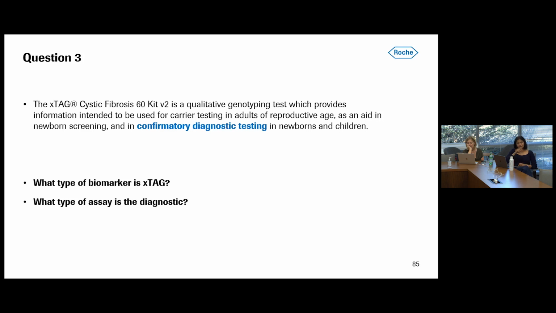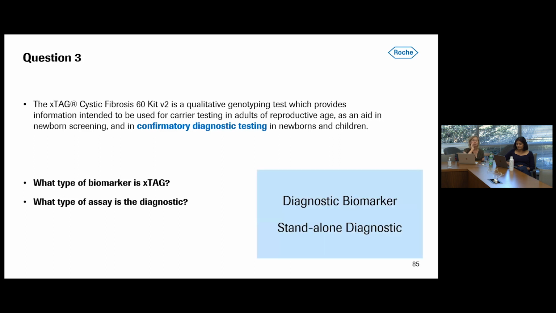So what type of biomarker is the genotyping, and what type of assay is the diagnostic test? It looks like most people have selected diagnostic biomarker and standalone diagnostic. Very good. Yeah, you guys are good.